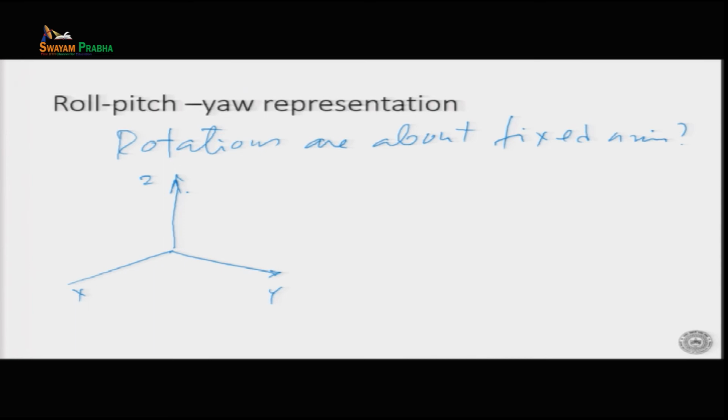The roll pitch yaw rotations are about the fixed axes. So first I am going to take, let us say, alpha, then I am going to take beta, and then I am going to take gamma. So these are 3 rotations: first, second, and third.